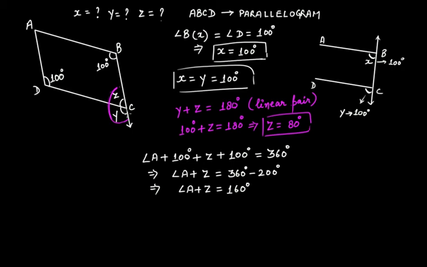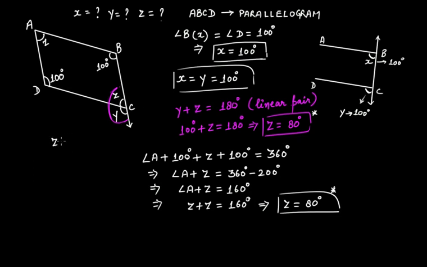Now since the opposite angles are equal, therefore angle A will also be equal to Z only. So this becomes Z plus Z is equal to 160 degrees, and from here you can calculate Z comes as 80 degrees. So this Z is equal to 80 degrees, same as this one, and since we have the value of Z now, this angle is again what? A linear pair.